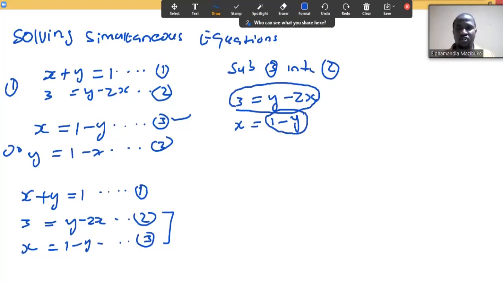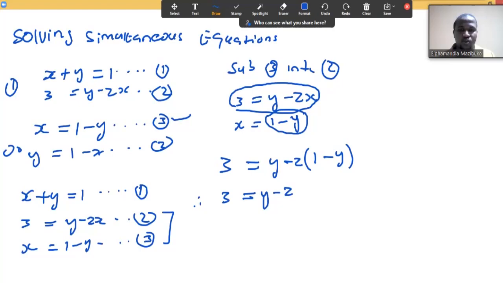So from equation 2 we have 3 equal to y minus 2, and there's 2x, so instead of x now I'm putting 1 minus y. Therefore I will have 3 equal to y minus 2, because 2 times 1 is 2, and minus 2 times negative y gives us positive 2y. Then we need to solve for y now.